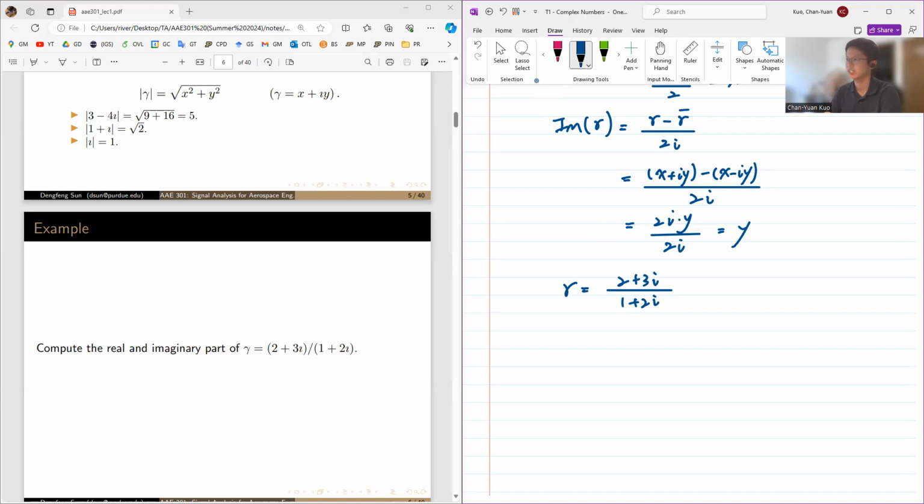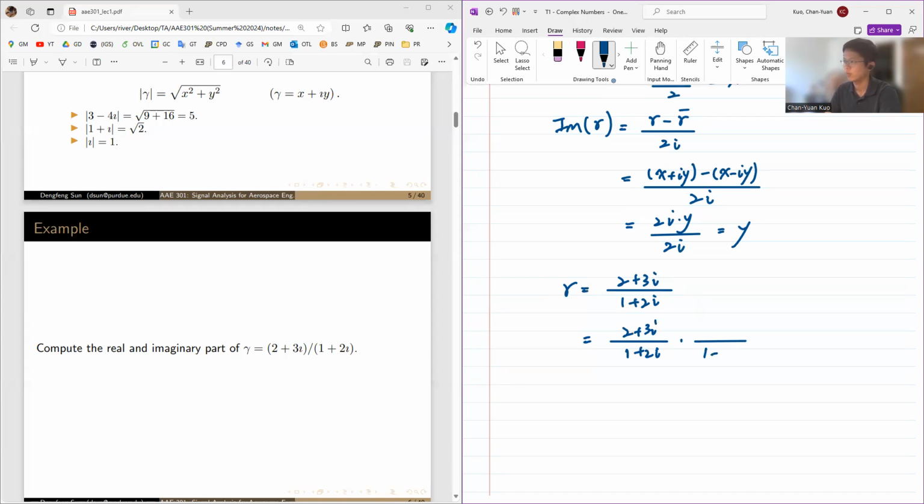Rationalization. Yes, rationalization. In order to do that, we will multiply 2 plus 3i and 1 plus 2i by the complex conjugate of 1 plus 2i, at the same time on the numerator and the denominator.